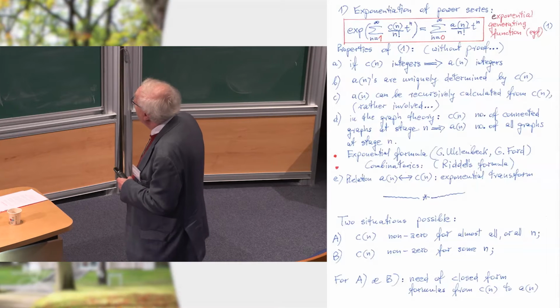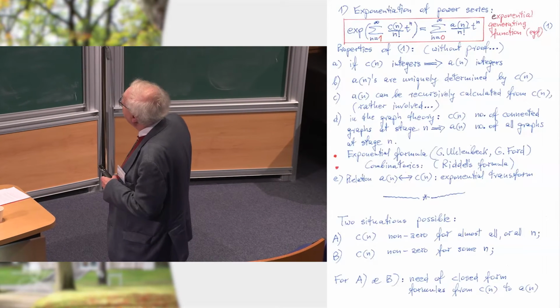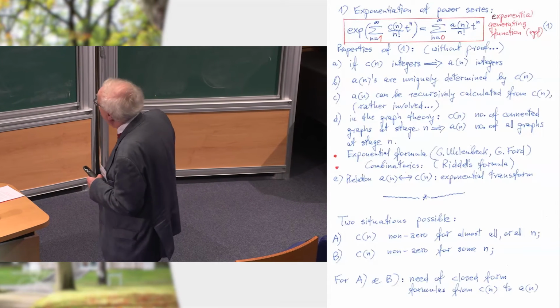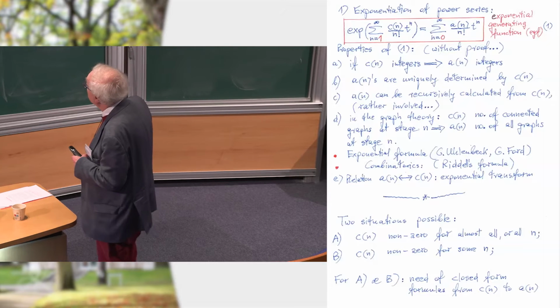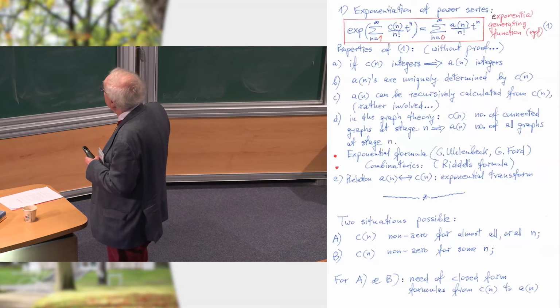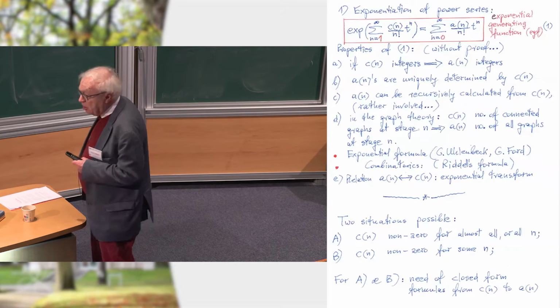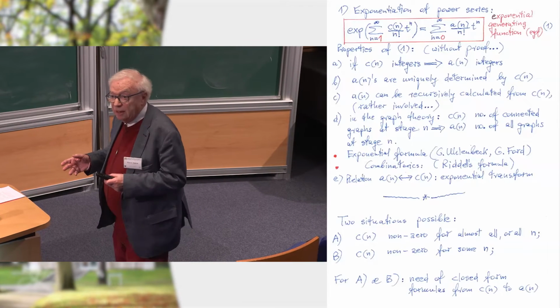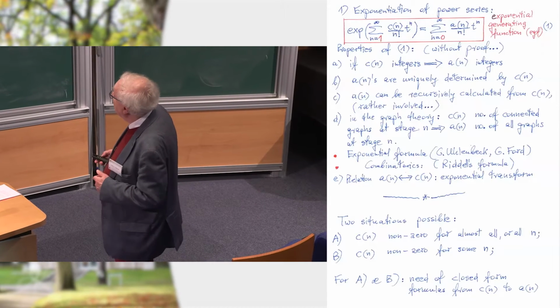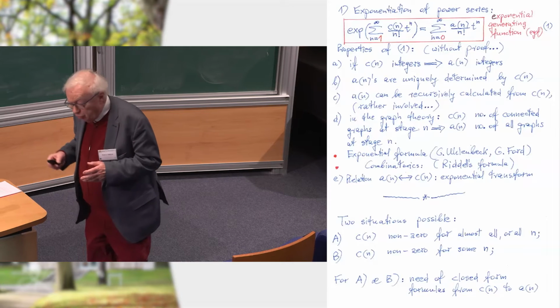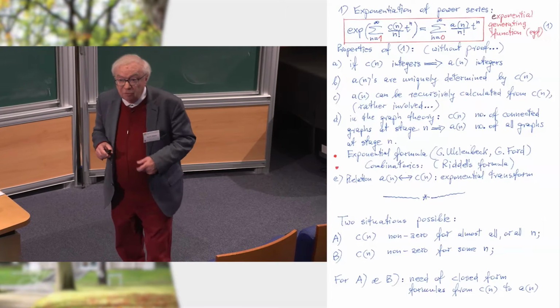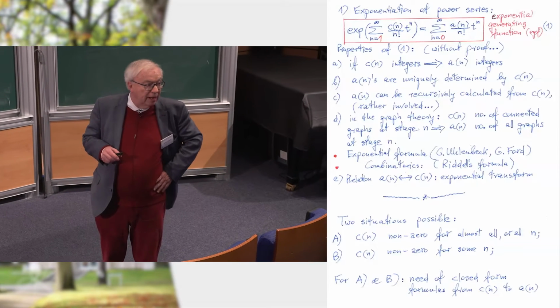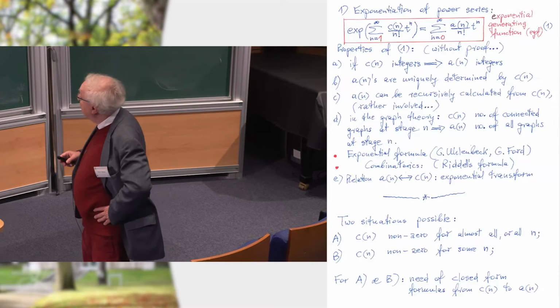Why I called them An and Cn? Because in the graph theory, this formula is very well known. It's called the exponential formula, and in fact it has been conjectured and proven for some physical problems by Uhlenbeck and Ford many years ago.